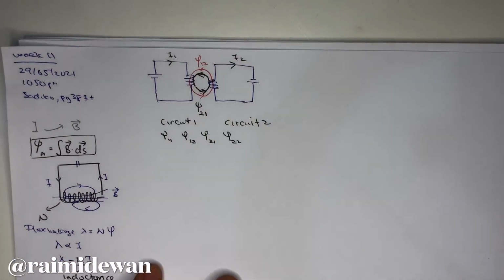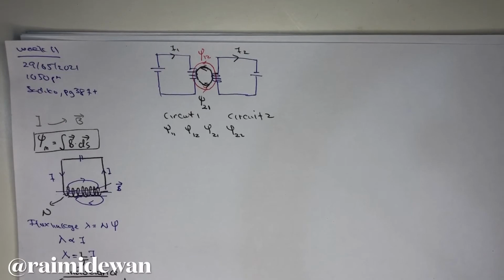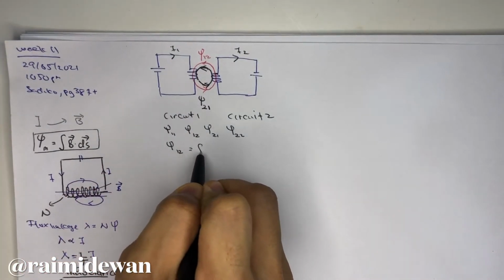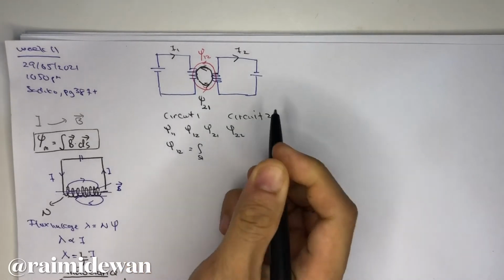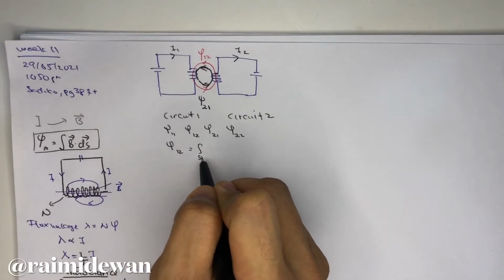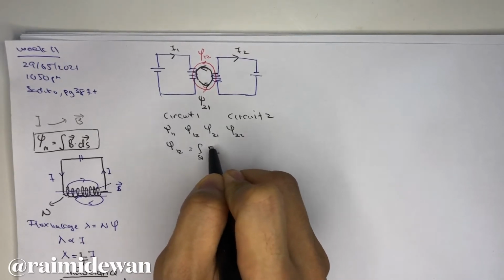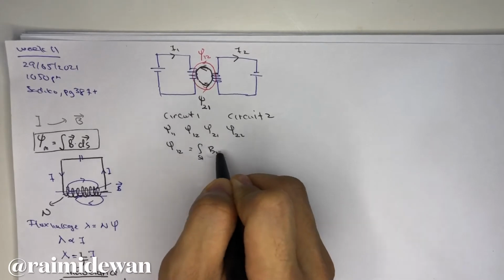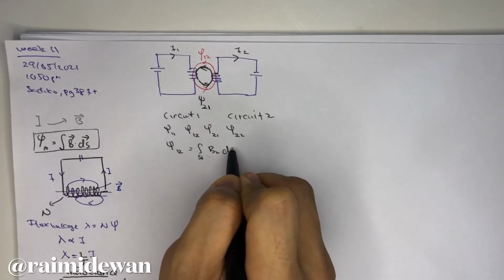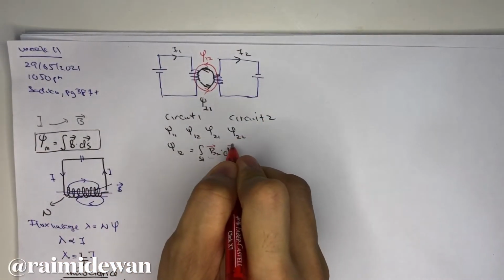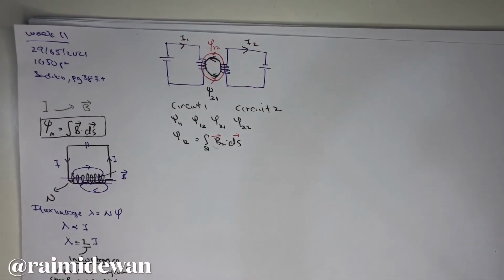If you want to relate with these equations, you may have flux 1,2 equal to the integral over S1, because it is passing through circuit 1, of B2, because this is coming from circuit 2, dot dS, and remember it is a vector.